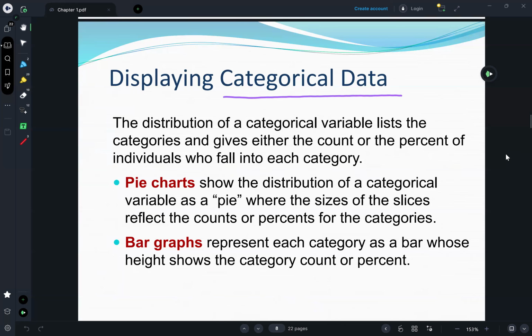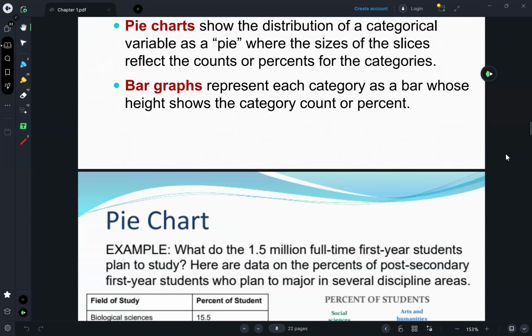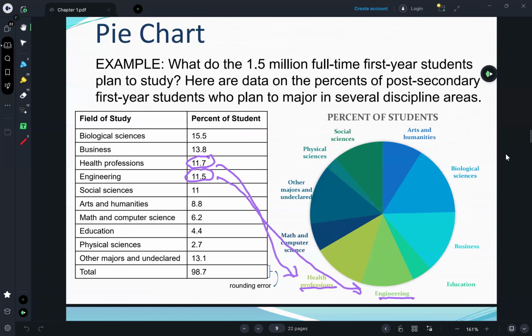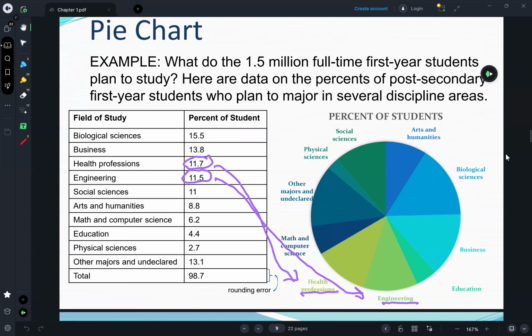The pie charts, for example, on the next sheet, if you look at the health professions and engineering, if you just look at the pie chart and pretend just for a moment you can't see that table of values, you can see that you cannot tell the difference between those pie charts and who has more.